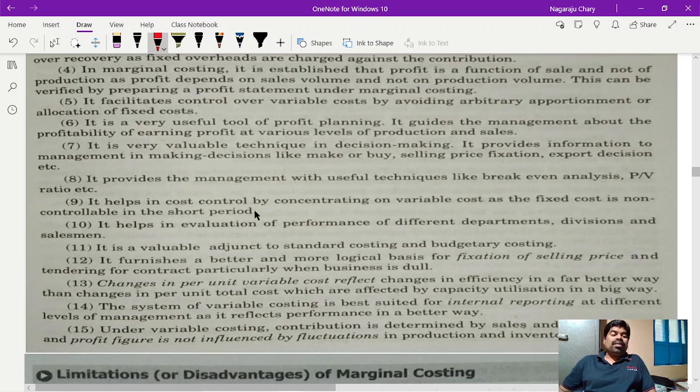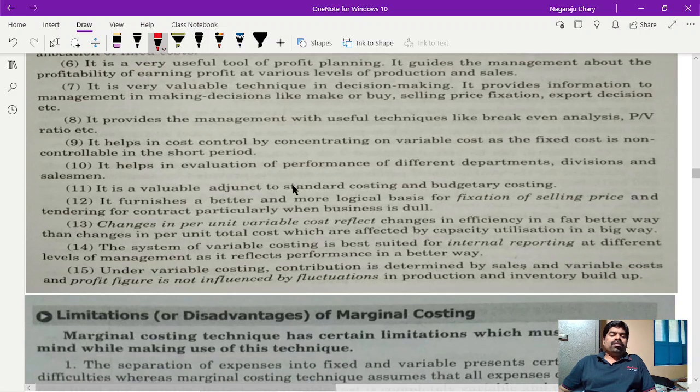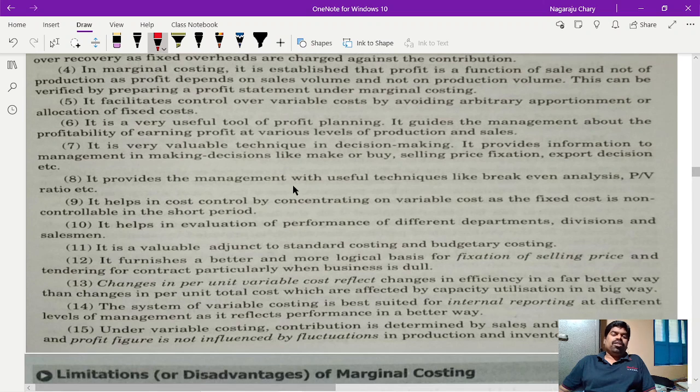That is not taken here; that method is not followed here. That was the limitation of the absorption method. So this arbitrary method is not followed, and that's why this is the advantage of marginal costing.